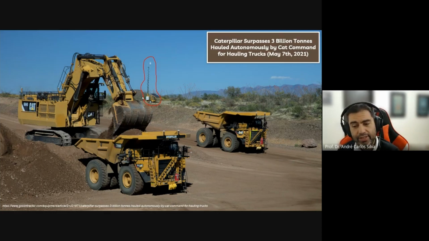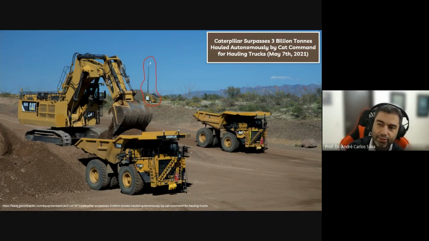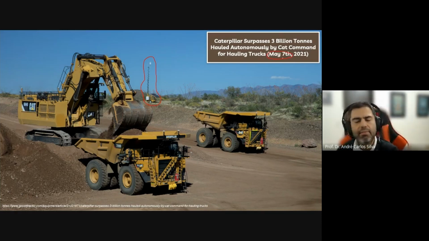And this picture over here is impressive, it's amazing, not because of the GPS tower alone, not because of the Caterpillar equipment alone, but because on the 7th of May this year, Caterpillar achieved an amazing feat. They summed up 3 billion tons of material hauled using only autonomous command trucks, as you can see over here.